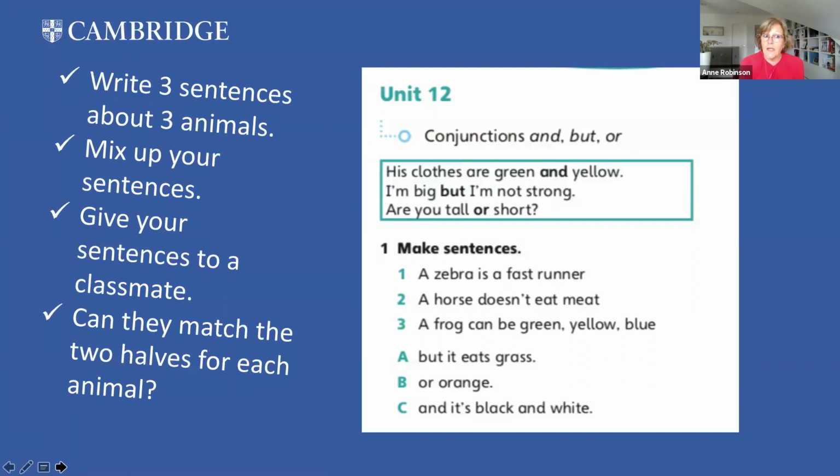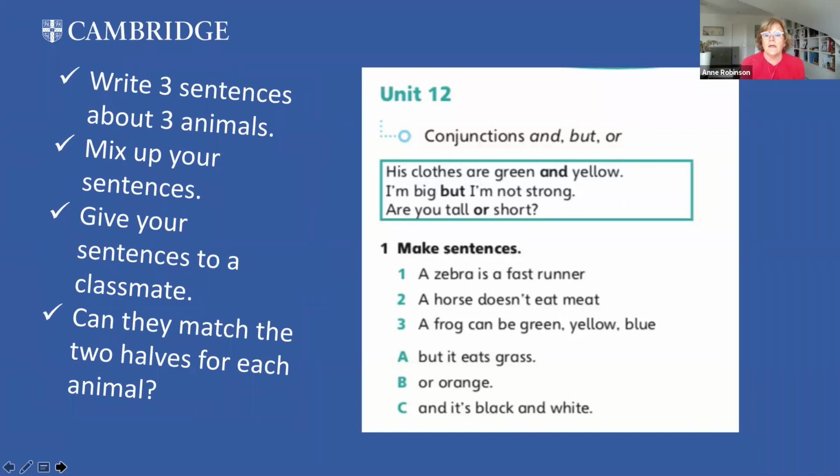So you could get your students to write 3 sentences about 3 different animals. If you like, you could get them to go online or find information in a book, if they need to find this information about 3 different animals.